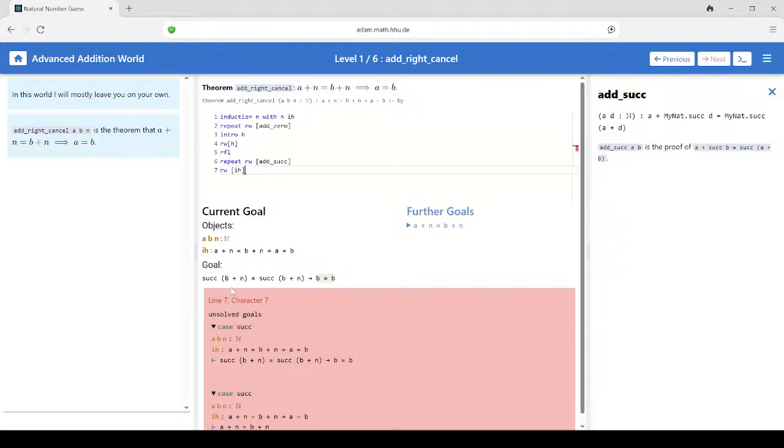The successor of b plus n equals the successor of b plus n, which implies that b equals b.